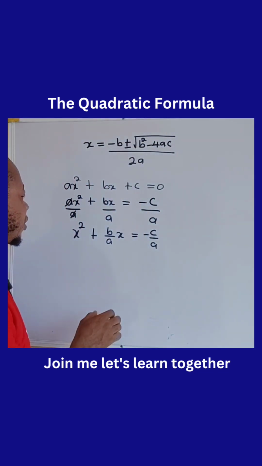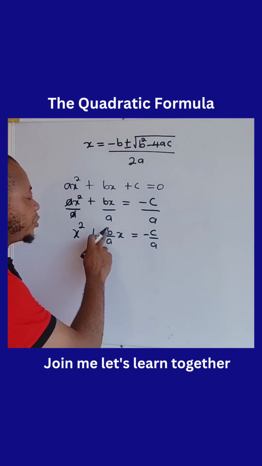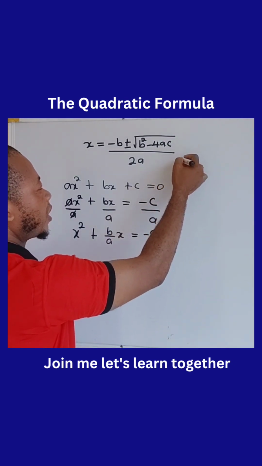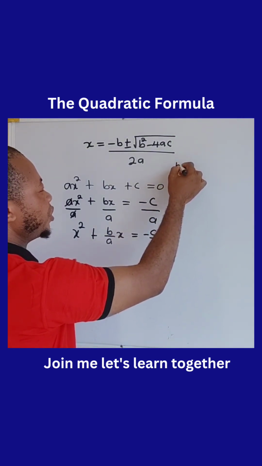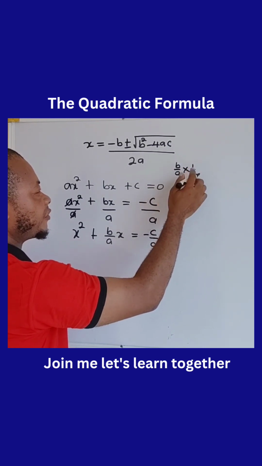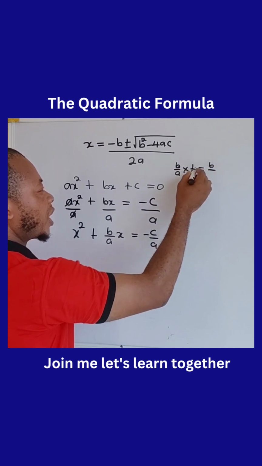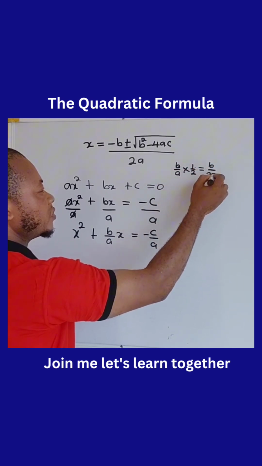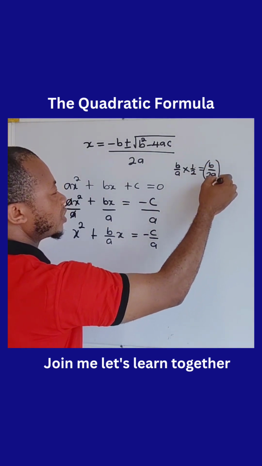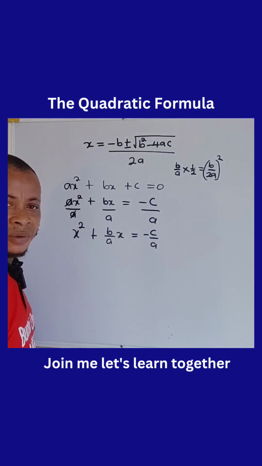So this will be, to find the half of b over a is simply multiply b over a by 1 over 2. So just come here and multiply b over a by half. That is to find the half of b over a, which will give us b multiplied 1 is b, and a multiplied 2 is 2a. Okay, then we square it and add it to both sides of this equation.